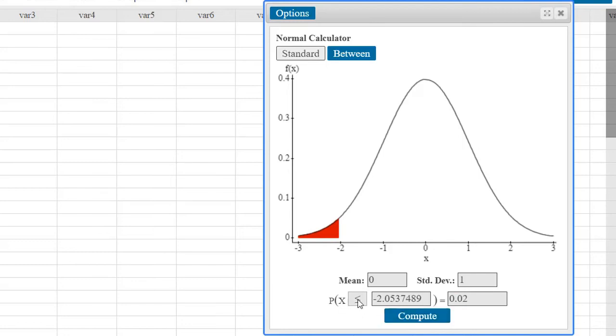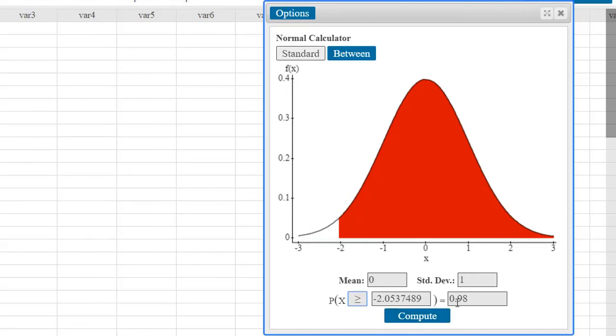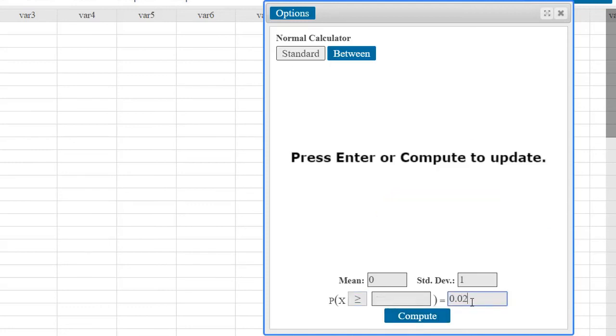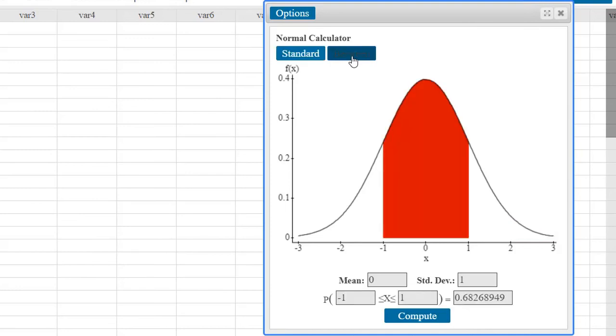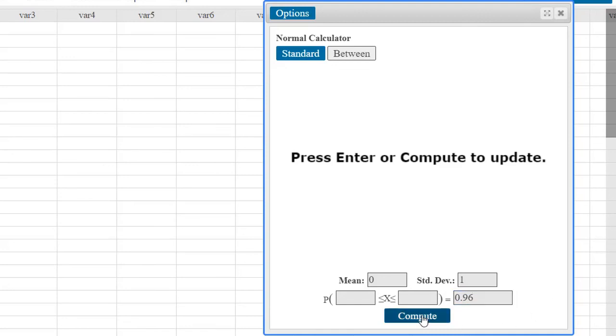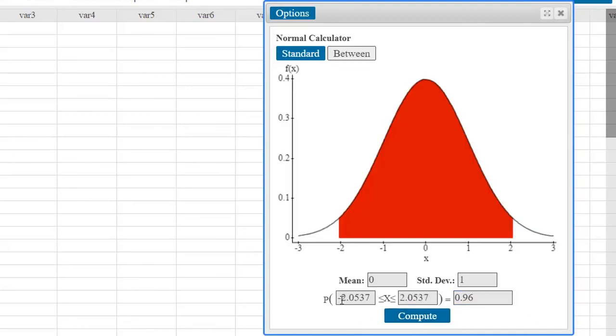Now I could have also changed this to greater than and entered 0.02, and that would give me the result of positive 2.05. So it works very well. Or I could have gone between, and I could have come here and typed in the 0.96, and when I type in the 0.96, it gives me the negative 2.05 and the positive 2.05, so we get the same results.